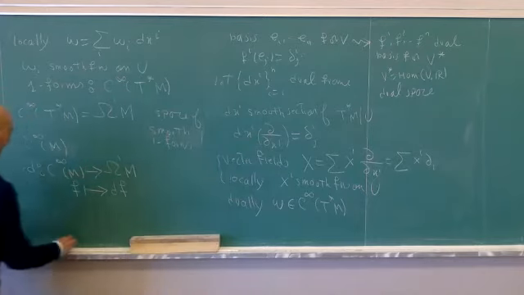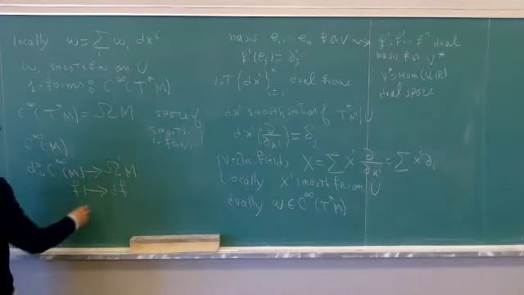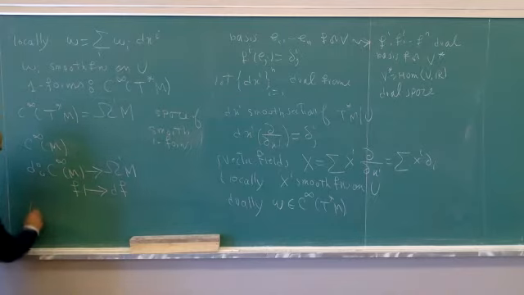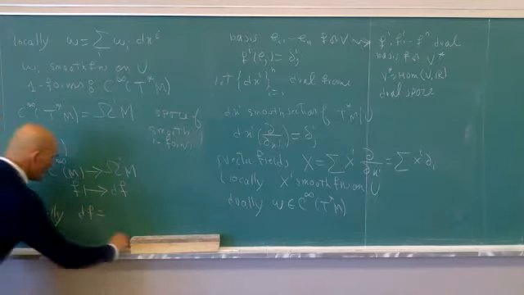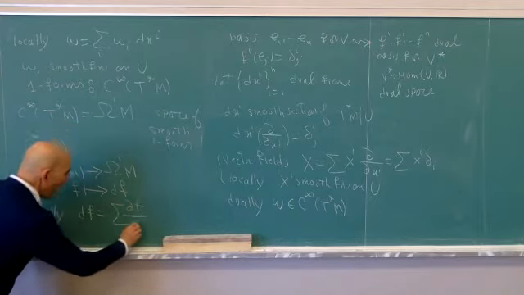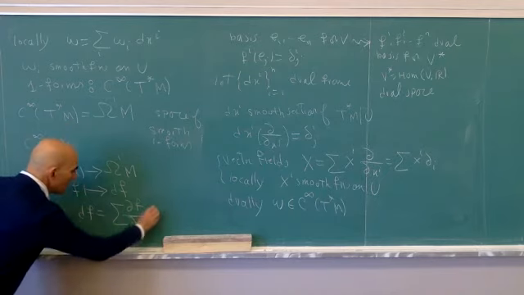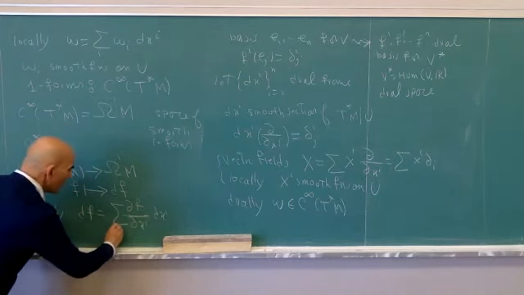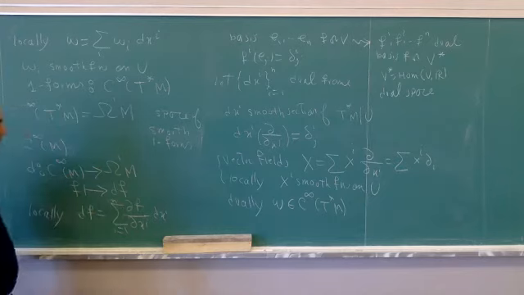Locally, df is equal to the sum of partial f over partial x_i, dx_i, i from 1 to n.